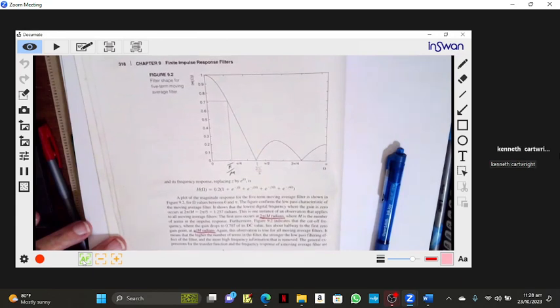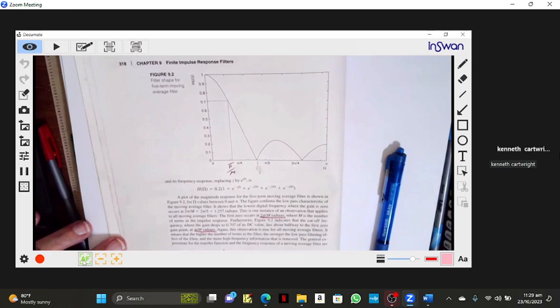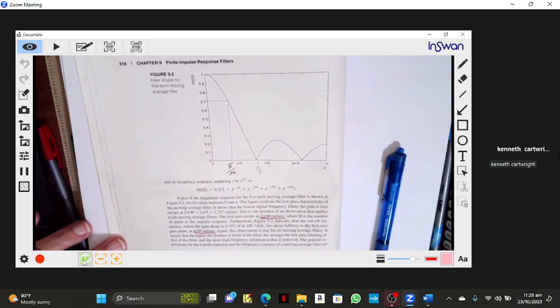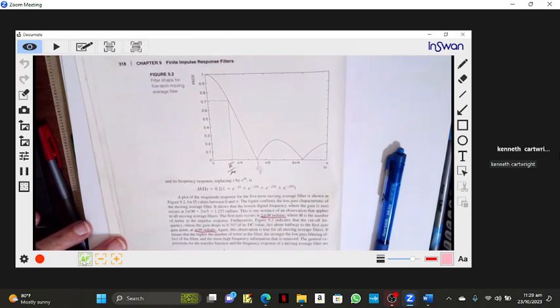It is in fact. Okay, let me ask the question another way. How do we find the cutoff frequency from the graph? What determines the cutoff frequency? When I ask you to read the cutoff frequency, what are you looking at?